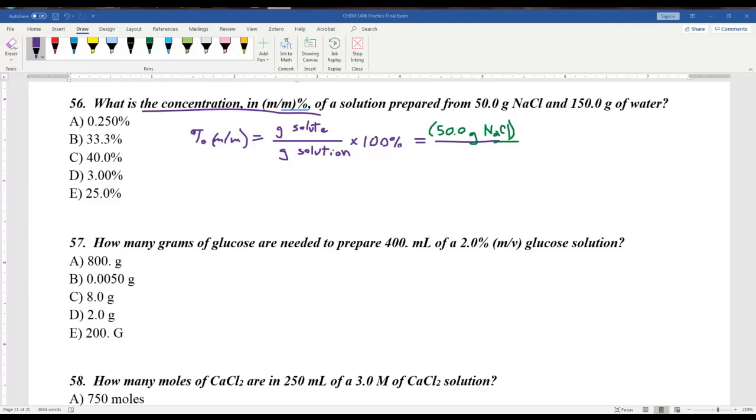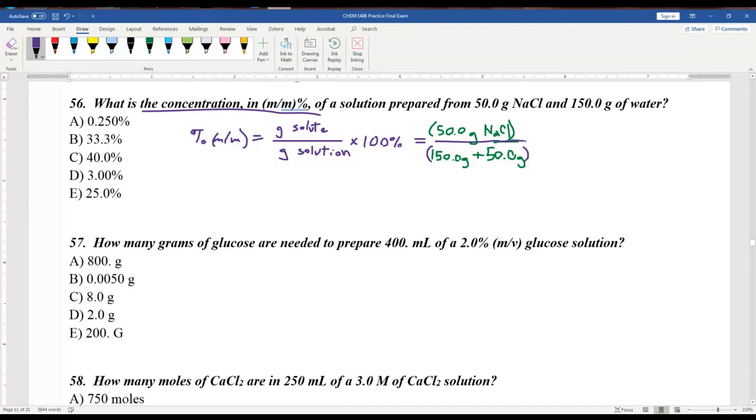So this is going to be 150 grams of water plus the 50 grams of NaCl. That's going to give you the total grams of the solution. Don't get caught on those problems. Be very careful in how you read.